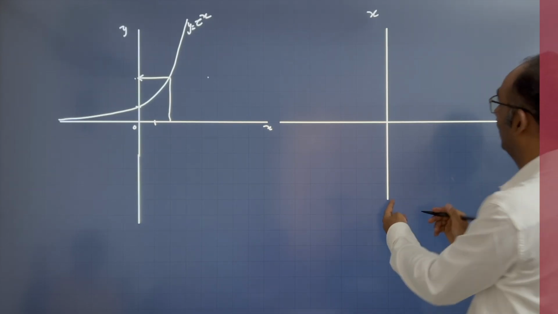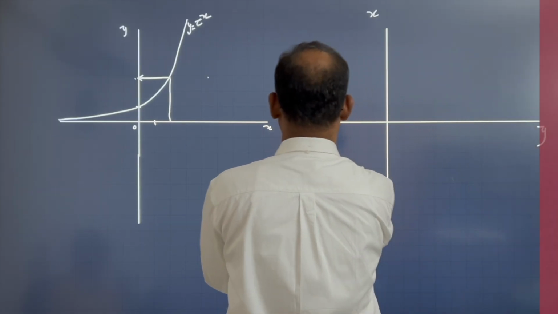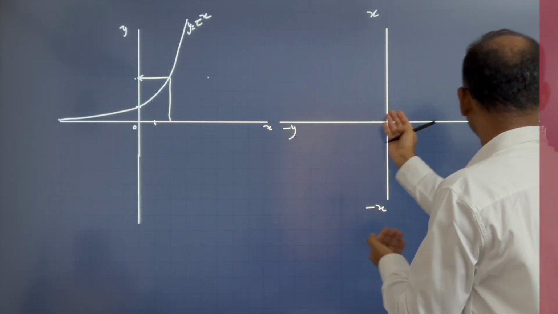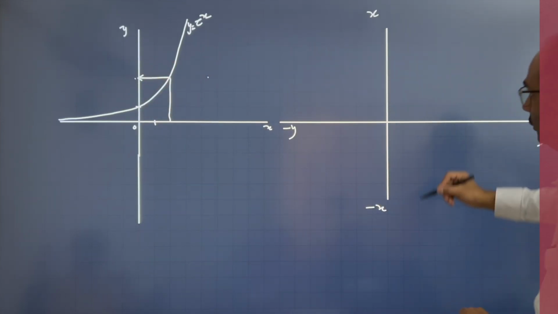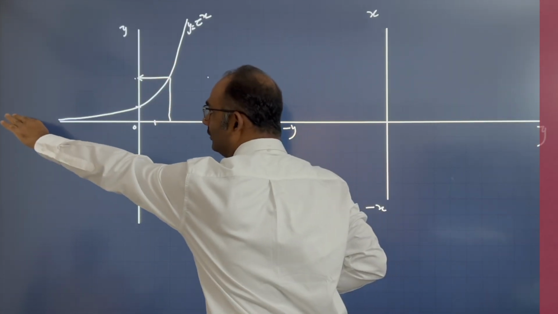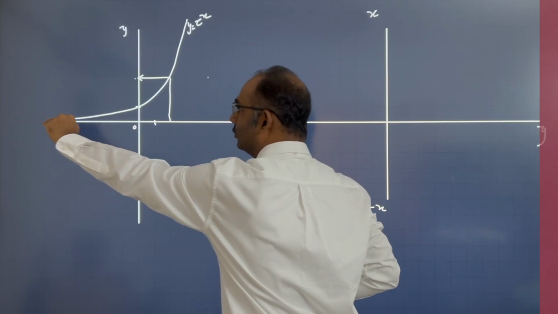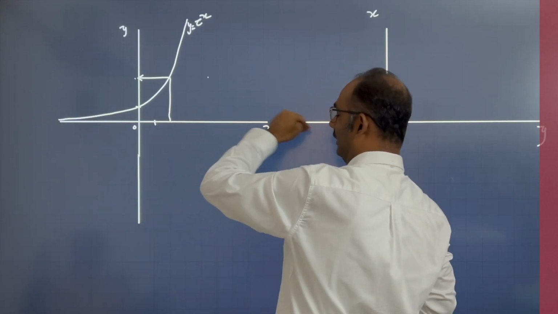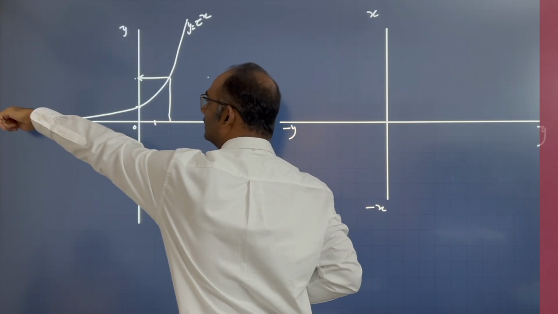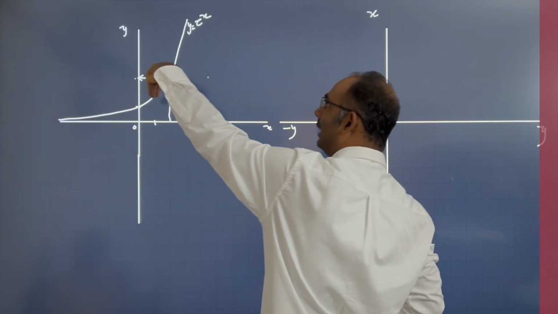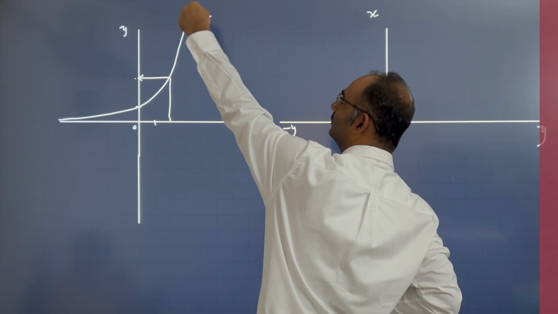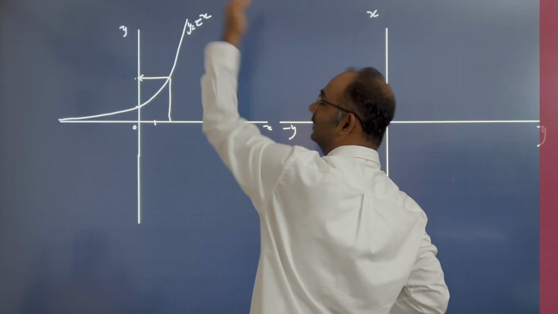So this is minus x, this is minus y. Okay, that's the minus y direction, that's y, this is minus x. I want to plot the same thing. So what is it? As you go from negative x to positive x values, your function, which is close to 0 far away, starts increasing and goes to larger values and starts rising as x increases, right?